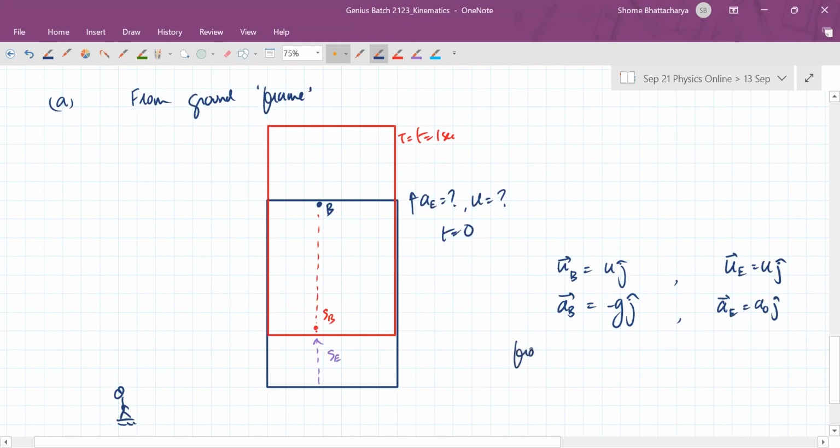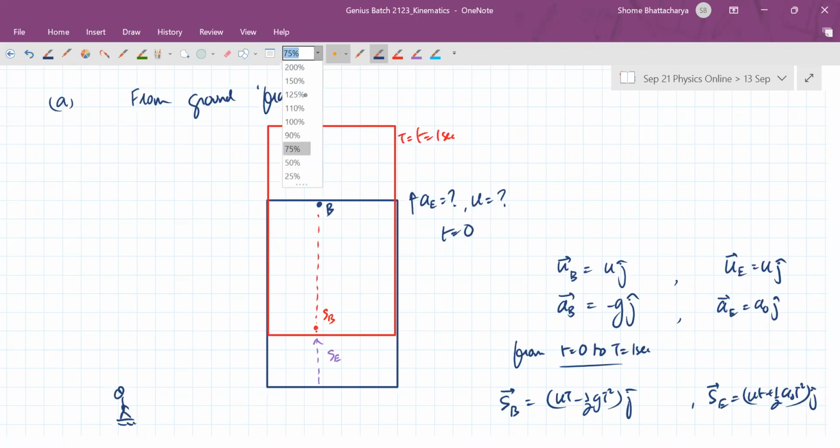So from t equal to 0 to t equal to 1 second, the displacement of the bolt will be ut minus half g t square j cap, and the displacement of the elevator will be ut plus half a naught t square j cap.